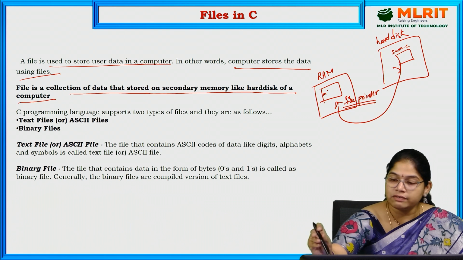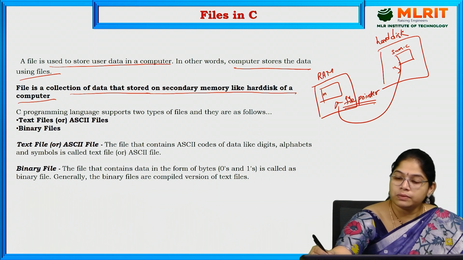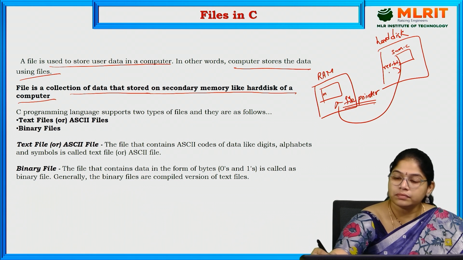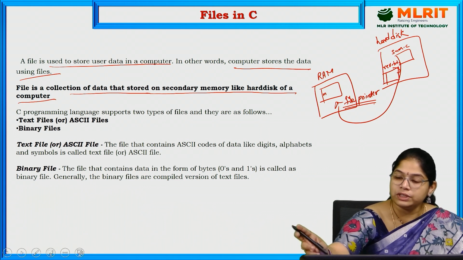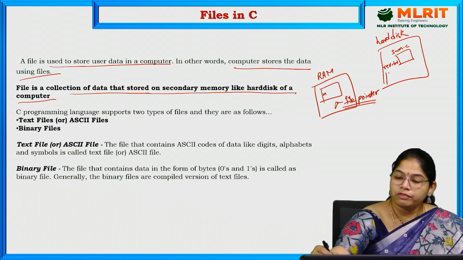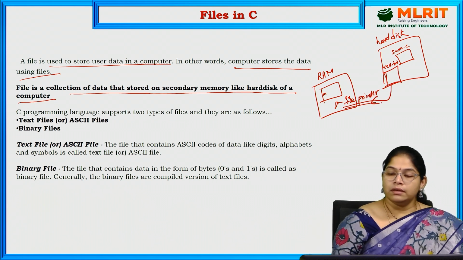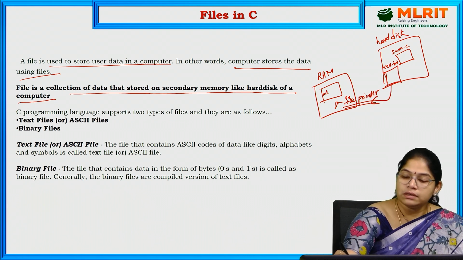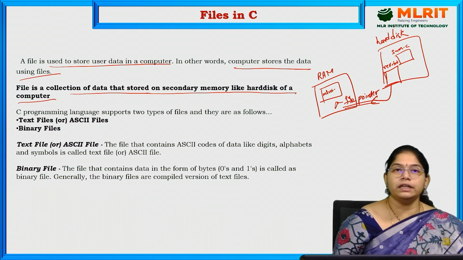Consider a text file, suppose reverse.txt. I'm fetching this file using a file pointer. Now suppose in this file I have a text called MLR80.